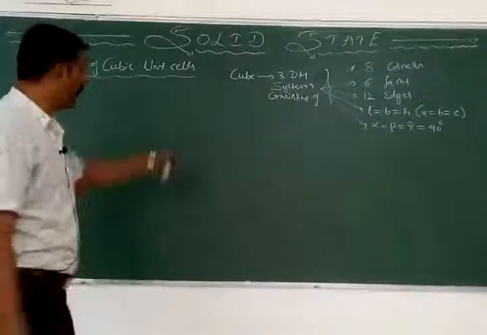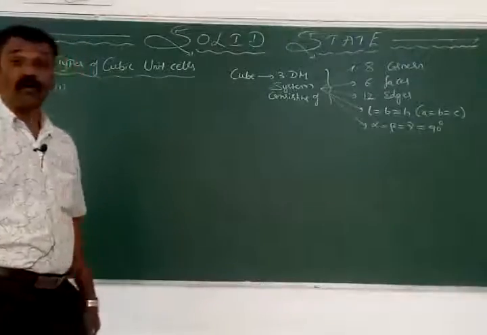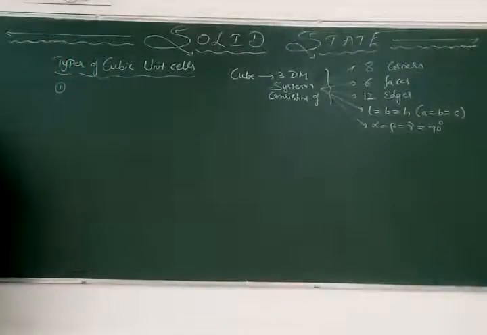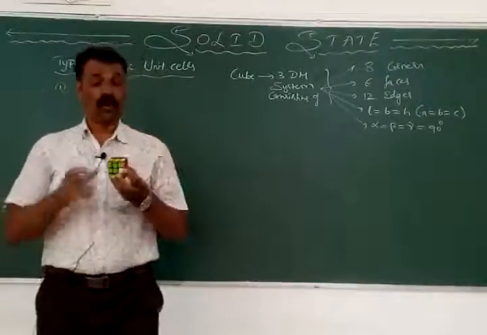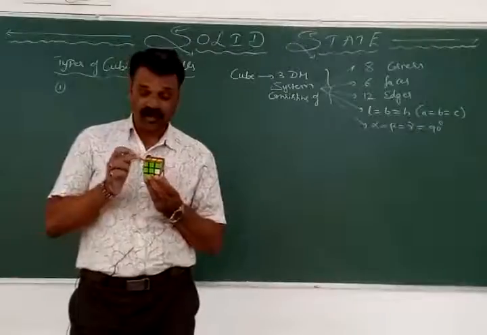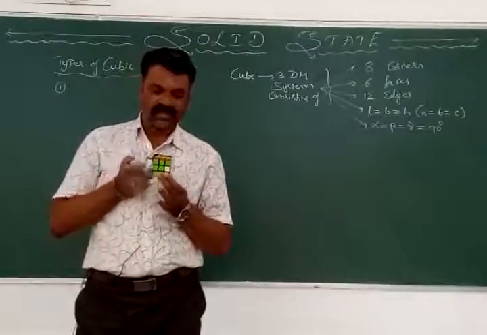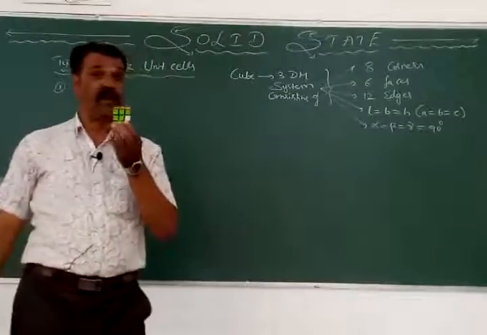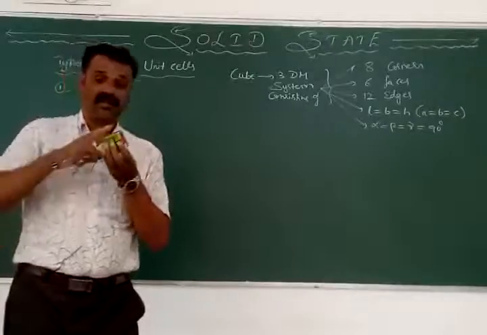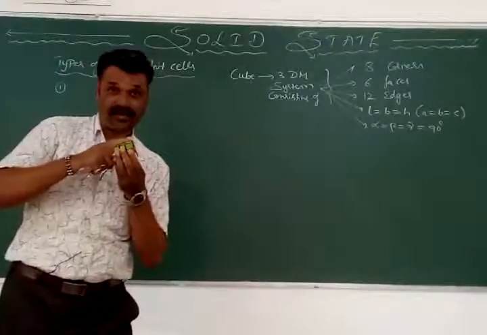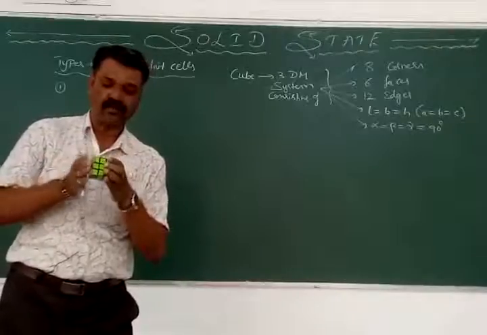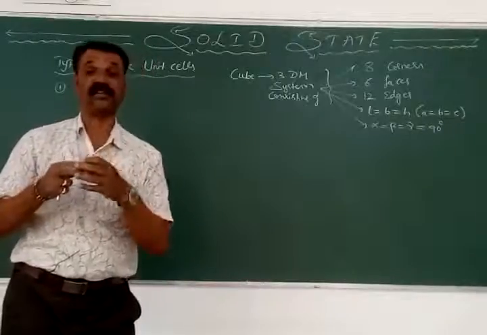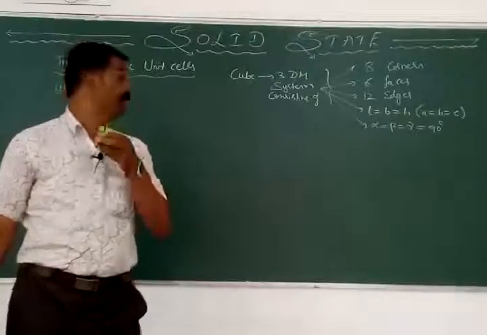What is a cube? It is a 3-dimensional system consisting of how many corners? So let's have that first. I think this is a cube now. How many corners are we having? This is called a corner. 1, 2, 3, 4, 5, 6, 7, 8. Totally 8 corners. This is one face. First face, second face, third face, fourth face, fifth face, and then the sixth face. Means 6 faces.